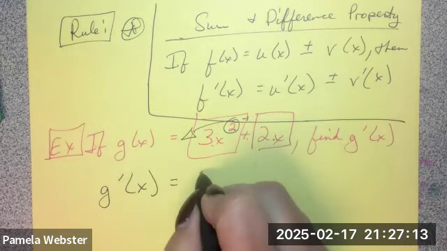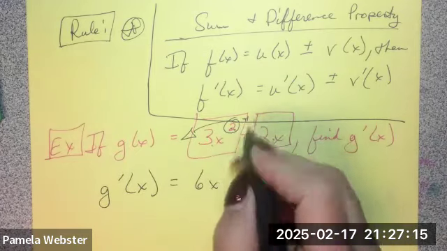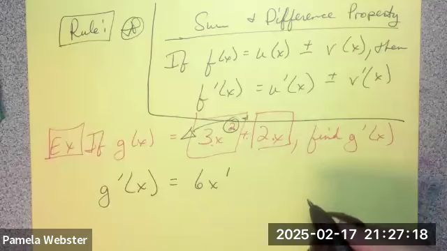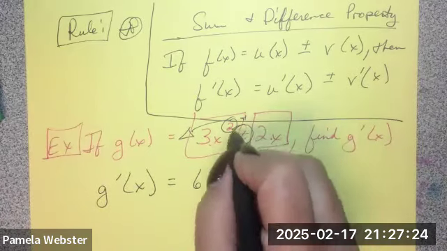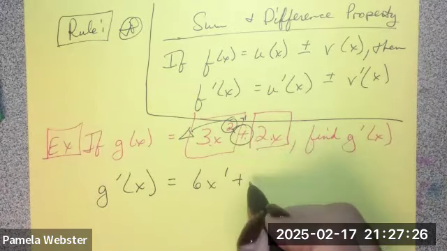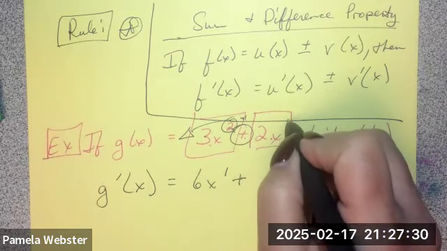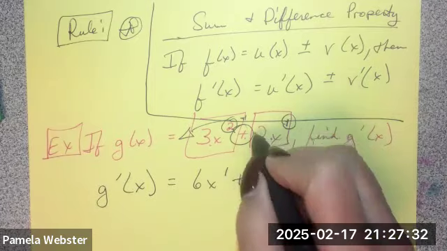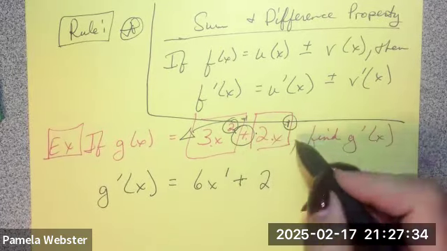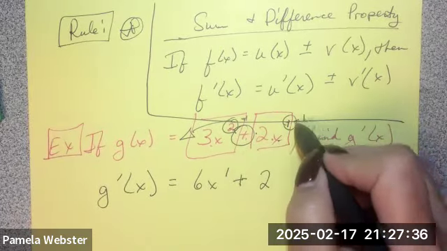So 2 times 3 is 6x to the 2 minus 1 is 1. Hopefully you're getting that fast with it. You don't have to write it all out over and over again. Plus, use the sign that's in the original function. What's the exponent on this guy? 1. 1 times 2 is 2. Be careful with this guy. x to the 1 minus 1.